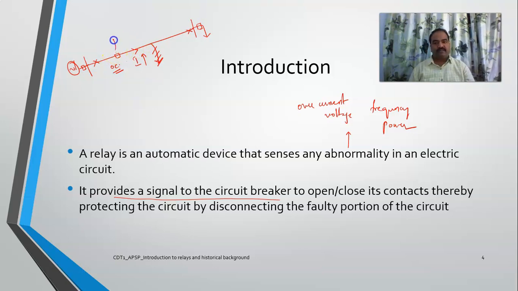Let us suppose you have given the connection to this one, then it gives a signal to this circuit breaker. So immediately what happens? It opens the circuit, thereby protecting your generator. If the signal is sent back to here also, then this line will be open circuited by the circuit breakers. So the sensing part is done by the relay, whereas circuit opening or closing is done by the circuit breakers.